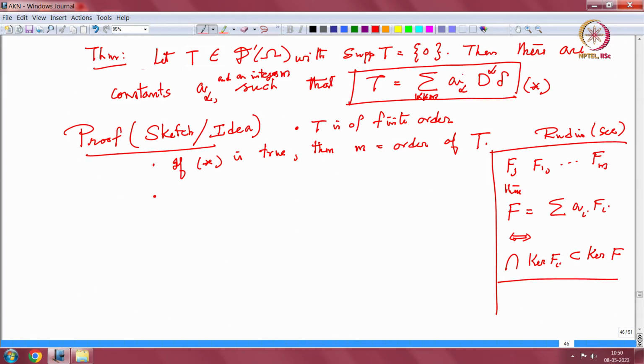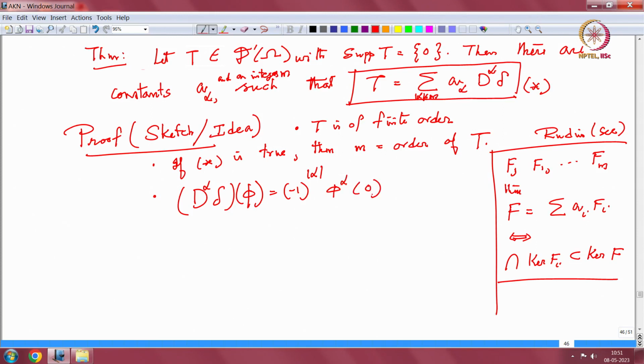So, with this, look here. The idea is that D to the power alpha of delta applied to phi is equal to minus 1 to the power modulus alpha times the alpha-th derivative of phi at 0.